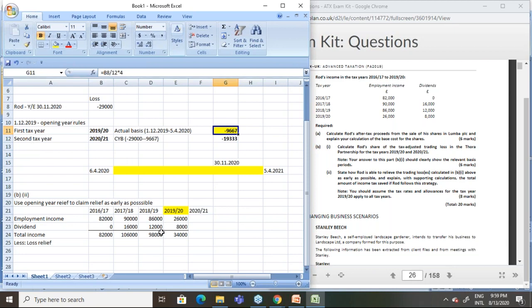So you can claim the special opening year relief, where you can carry back the loss for a period of 3 years and set off against total income according to first in, first out basis. When you say first in, first out basis, you have to start with 16-17 first, then 17-18, finally 18-19. However, your loss is only 9,667.